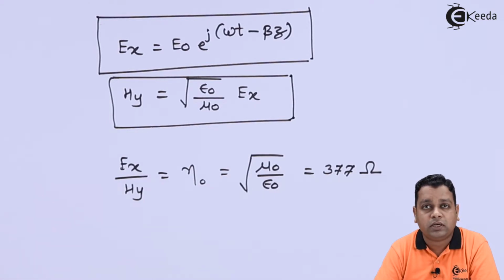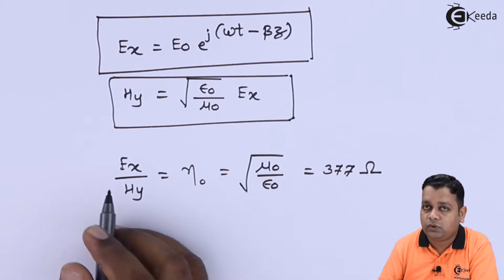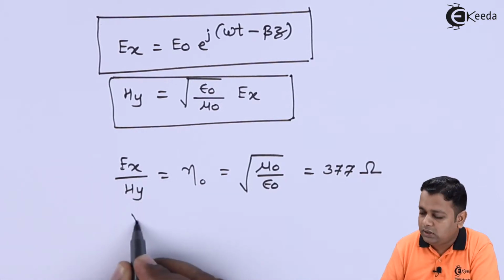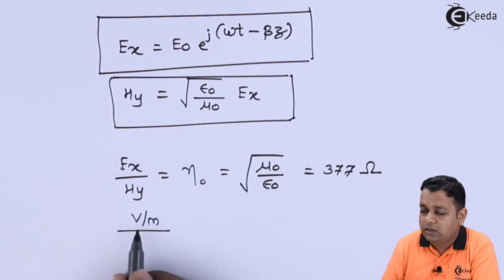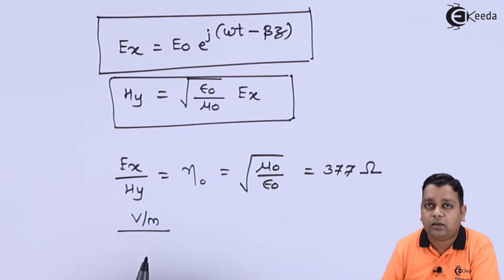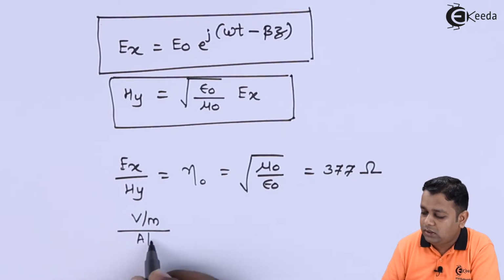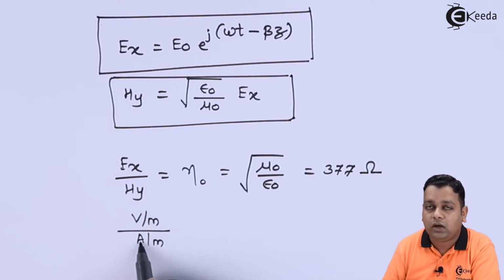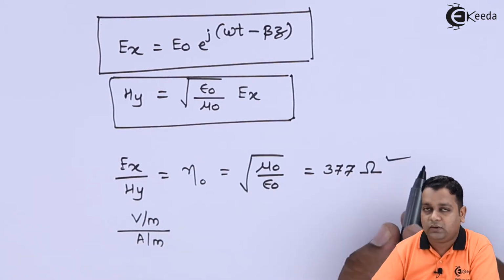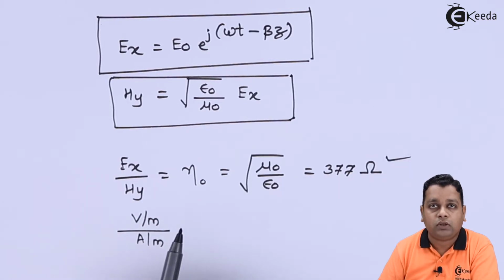In Ohm's law there is a relation between voltage and current, where the proportionality constant is resistance, capital R. So capital R can be written as the ratio of voltage to current. Here E has the unit volts per meter, and Hy is the magnetic field intensity, whose SI unit is amperes per meter. So simply V upon A is nothing but ohms. This is the intrinsic impedance for the microwave propagating in free space.